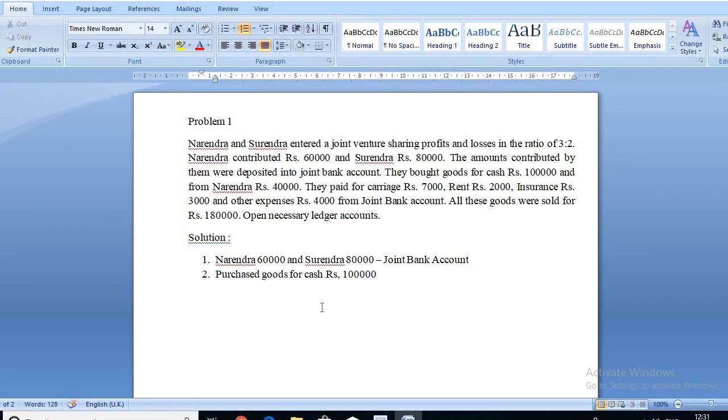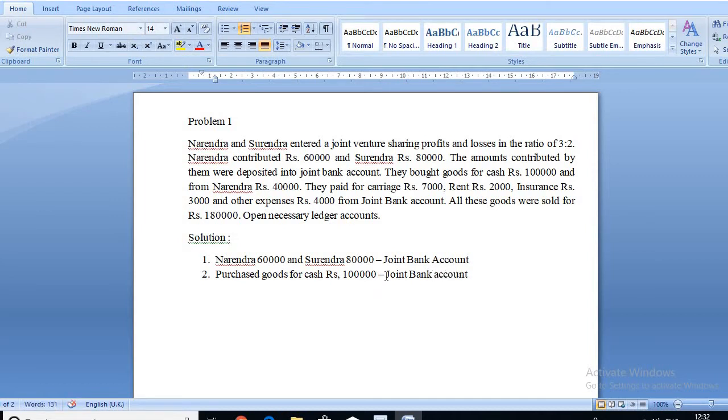So who will pay this 1 lakh rupees? Here there is no clear information whether this 1 lakh rupees is paid by Narendra or Surendra. So in such circumstances, it is assumed that this 1 lakh rupees is paid through the joint bank account.